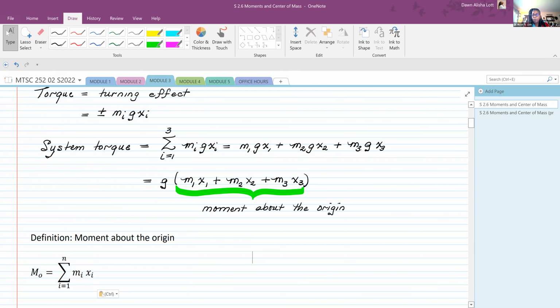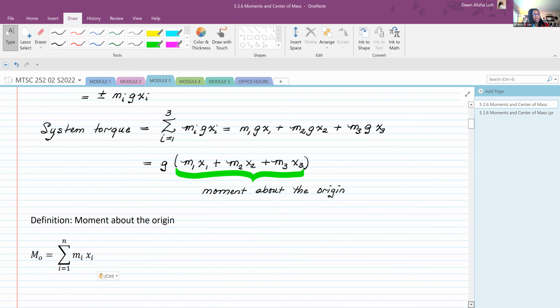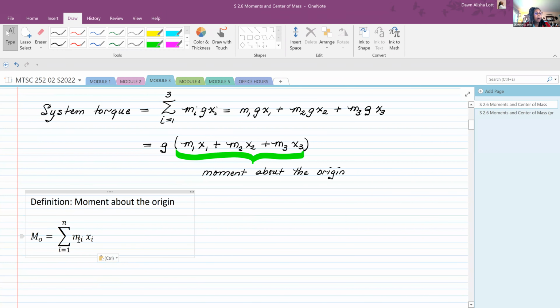The moment about the origin in general is to sum up all the masses times their signed distance away from the origin.